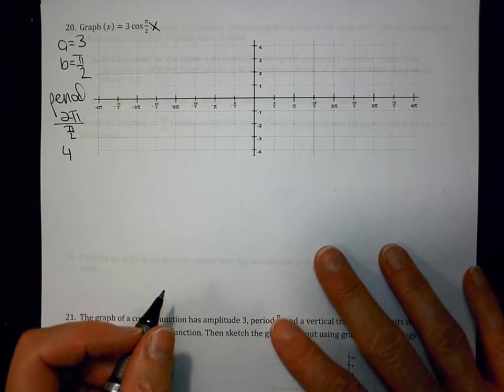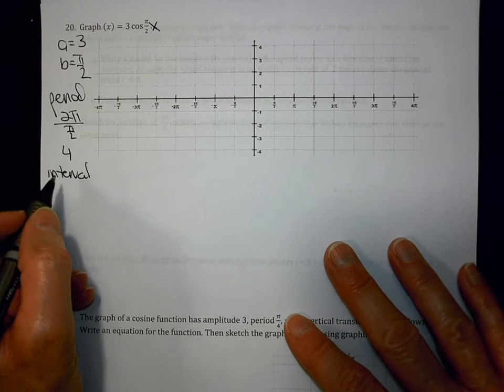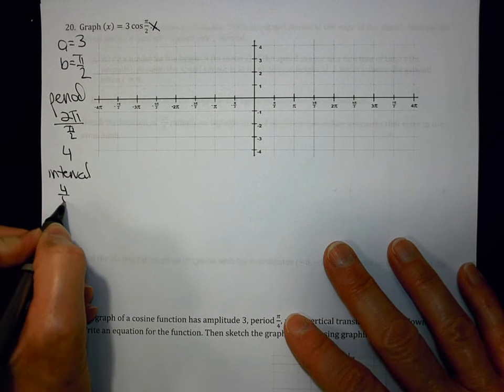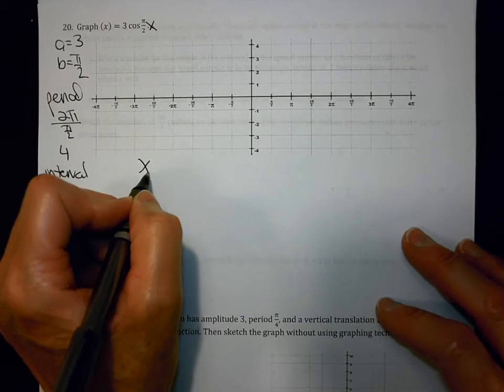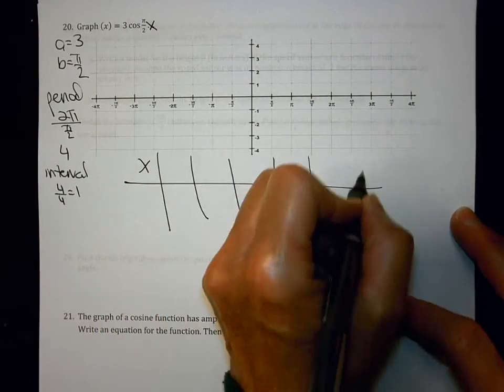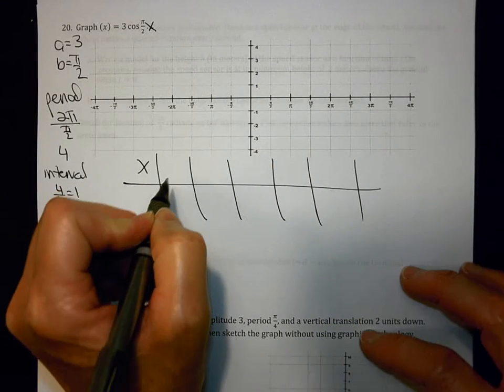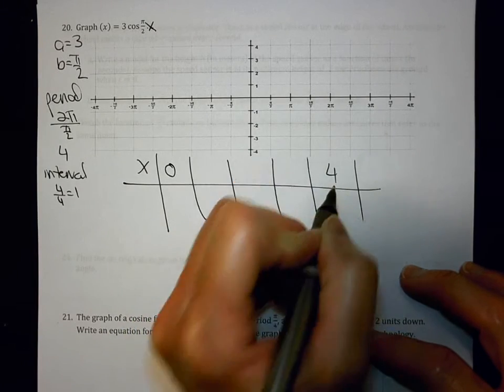An interval is period divided by 4, or 1. So we do not have a phase shift, so we're going from 0 to period.